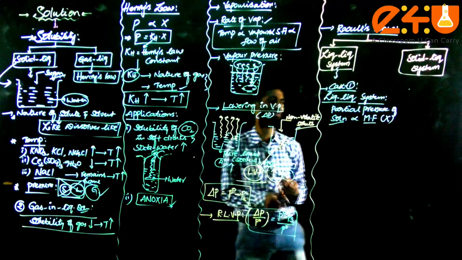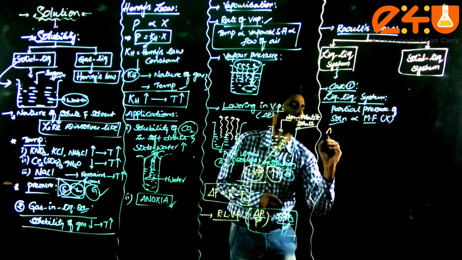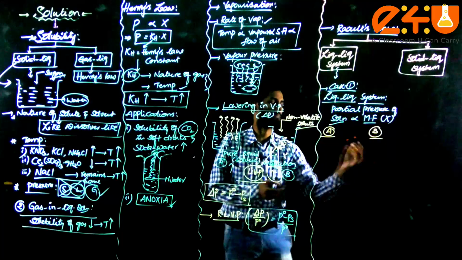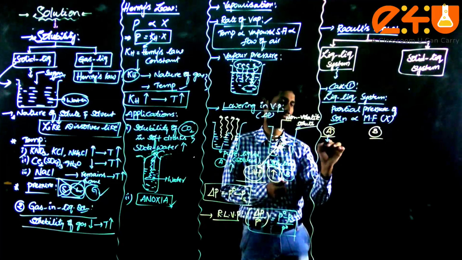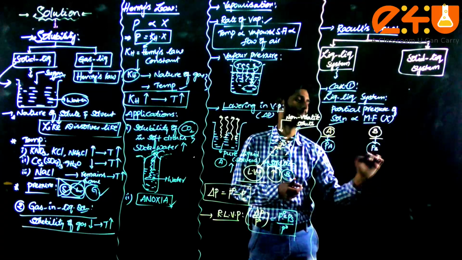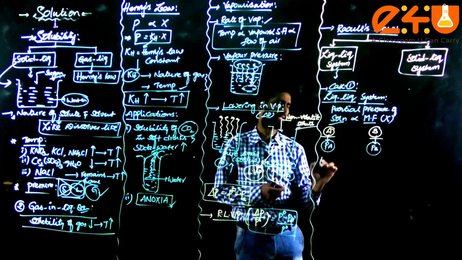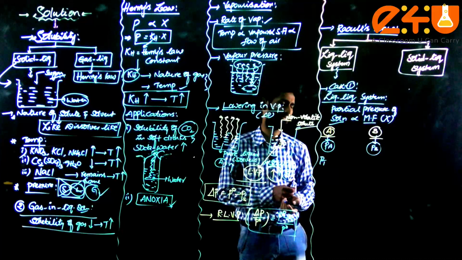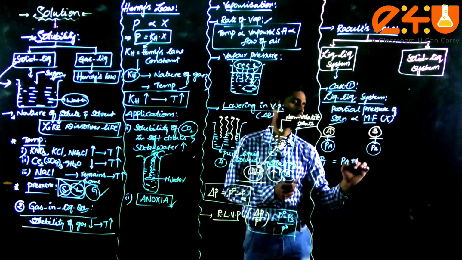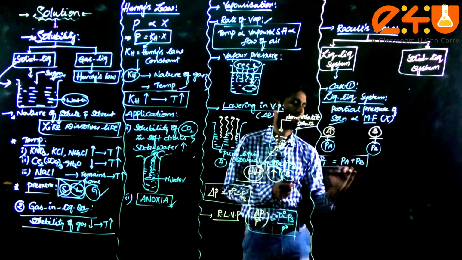Generally I am considering a small derivation here. I am considering two types of solution, A as well as B. Their partial pressures become PA and PB. Now I can consider PT, the total pressure, is equal to PA plus PB.